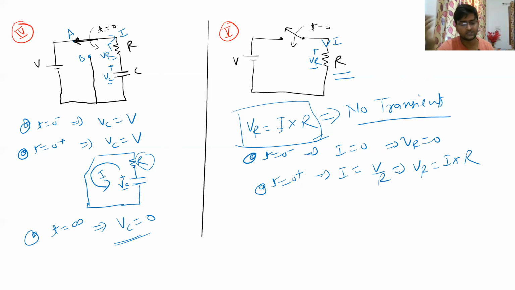And in the steady state, if the capacitor is applied across a DC voltage source, it will behave as an open circuit, and the voltage across the capacitor will be equal to the source voltage, right? So this is the introduction of transients in the circuit. I hope you understood, and we will now move forward to transients in the RL circuit without source.